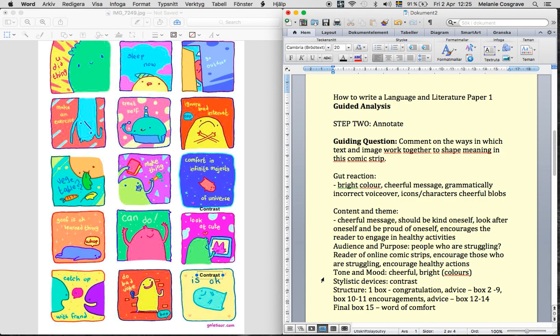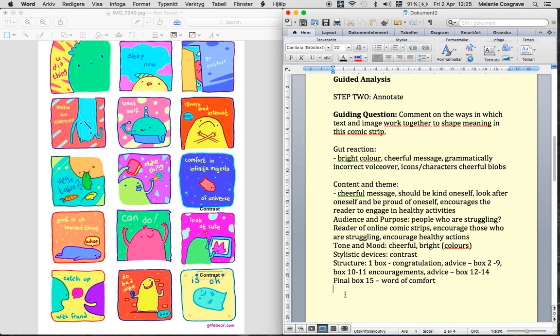So text and image would be working together towards the purpose. So here I am using some symbols. I said I wouldn't, but I have gone back. Hopefully you understand the plus symbol and the arrow symbol. I'm sure you do.